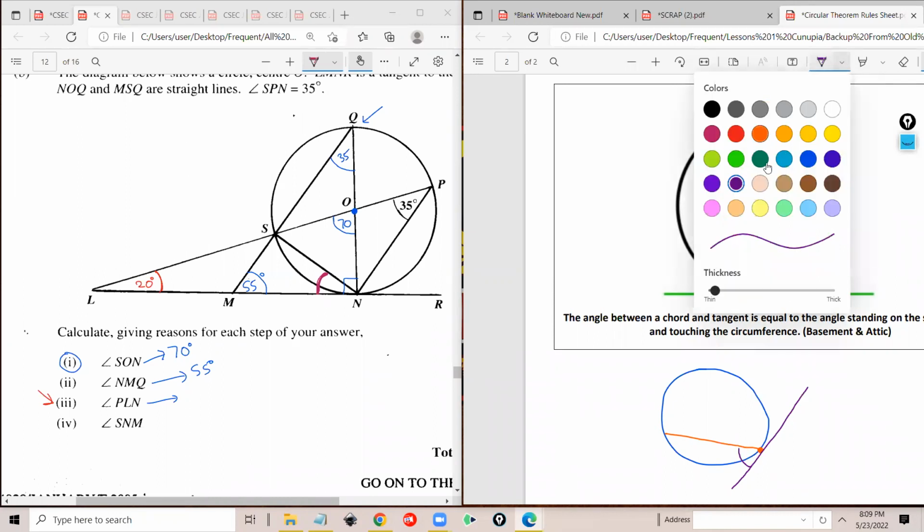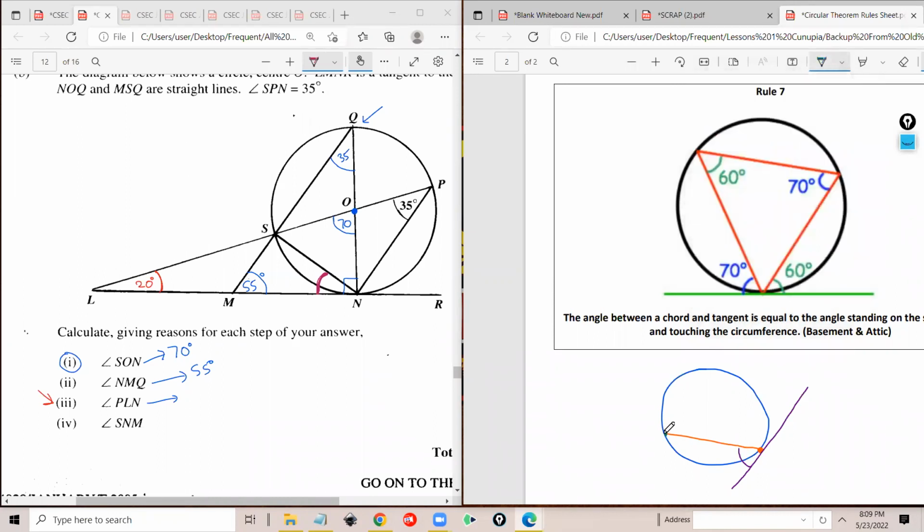If you have an angle starting at the beginning of the chord, hitting the circumference and bouncing back, the angle underneath the chord and the angle standing on the chord and touching the circumference, there's always the same. When you're writing back the rule, do not write alternate segment. That is what I call the rule, but no textbook calls it that, right?